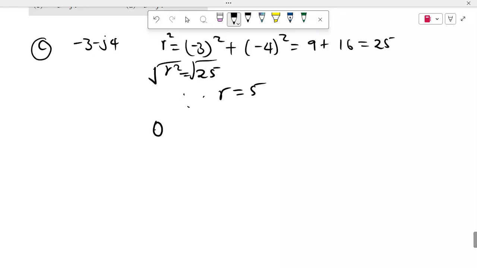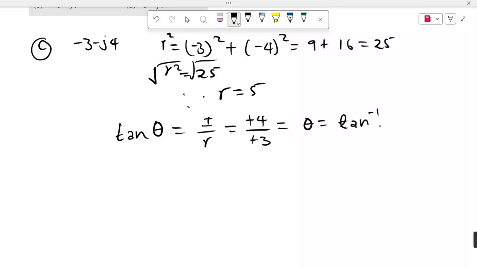How do you get theta? Okay, so you write tan theta, imaginary over real. Okay, so imaginary is negative 4. Real is negative 3. So this will be positive, meaning theta equals tan inverse of 4 over 3. This one I think we've already found is 53.1 degrees.